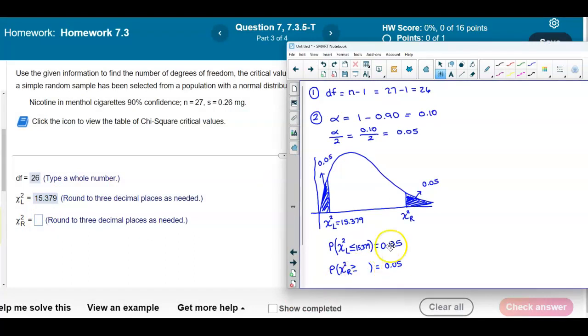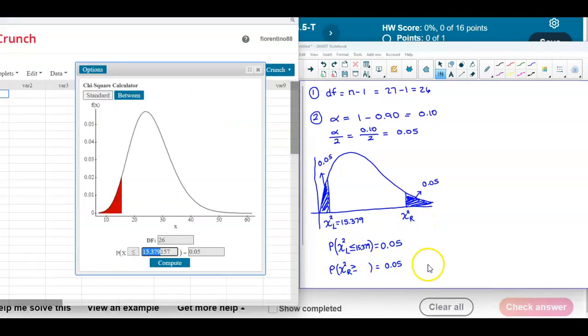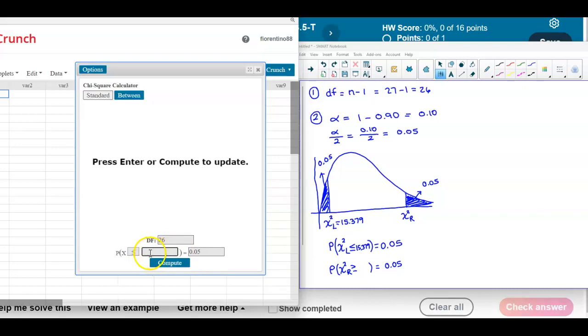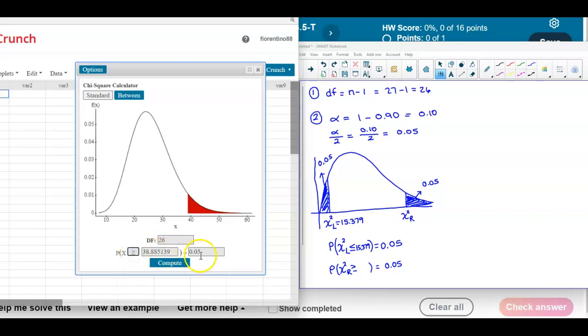Okay, now we want to find the critical value on the right. So again, we're going to use StatCrunch here. We want to first erase what's here and then change this to greater than or equal to. And then here we put in 0.05, which is already there.